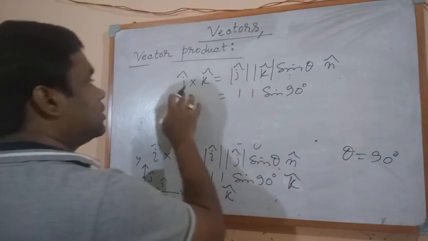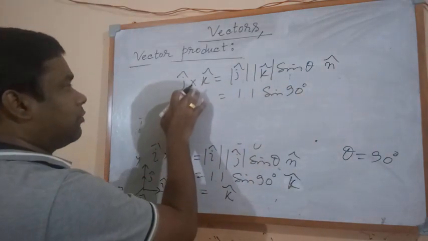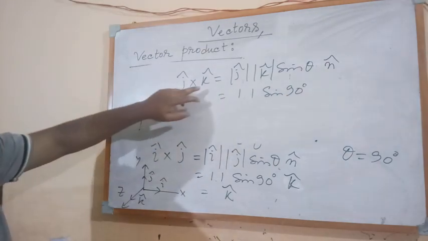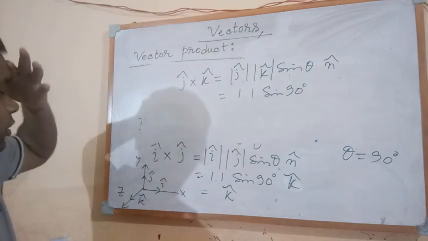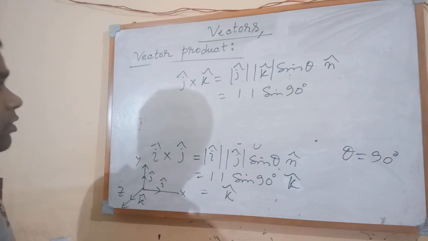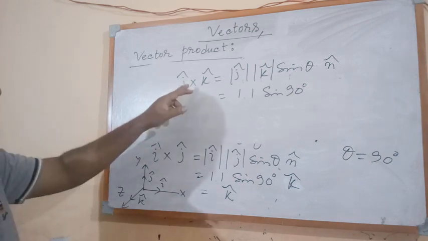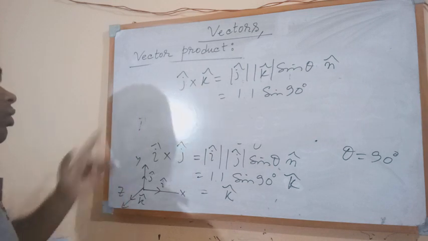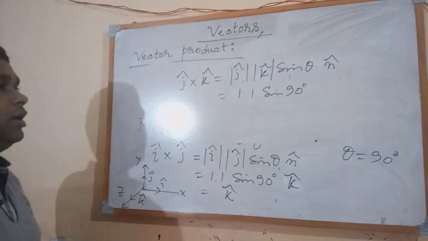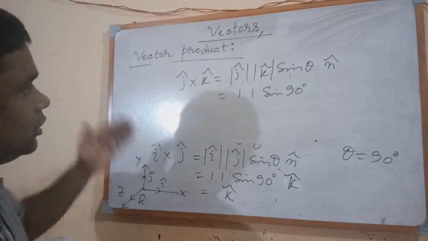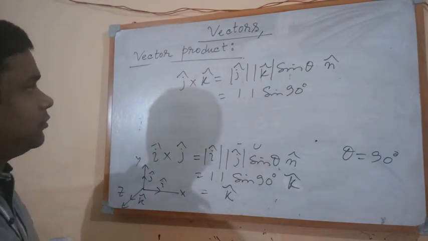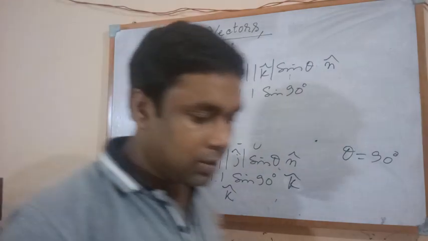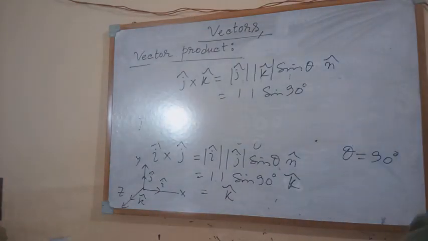Since j cap indicates the y axis and k cap is along the z axis, j cap cross k cap is perpendicular to the yz plane. That is along the x axis. So the direction of j cap cross k cap is along the x axis.